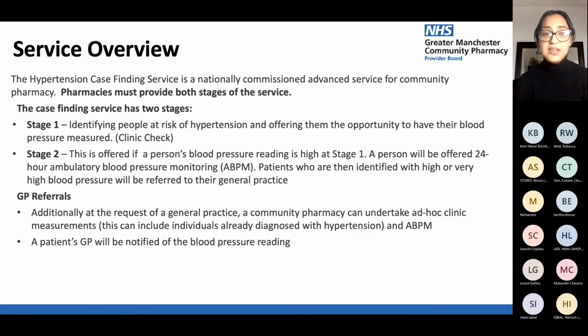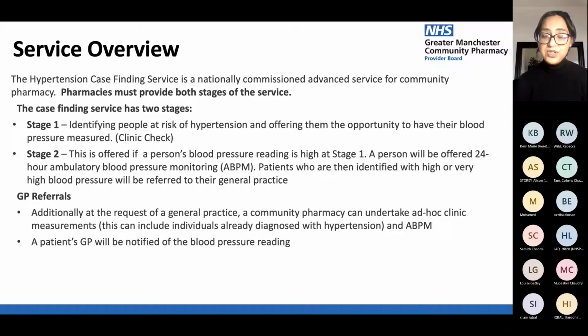a clinic check. And stage 2 is offered if a person's blood pressure reading is high at stage 1. A person will then be offered 24-hour ambulatory blood pressure monitoring, ABPM, and patients who are then identified with high or very high blood pressure will be referred to their general practice for onward treatment and management. Additionally, at the request of general practice, a community pharmacy can also undertake ad hoc clinic measurements.